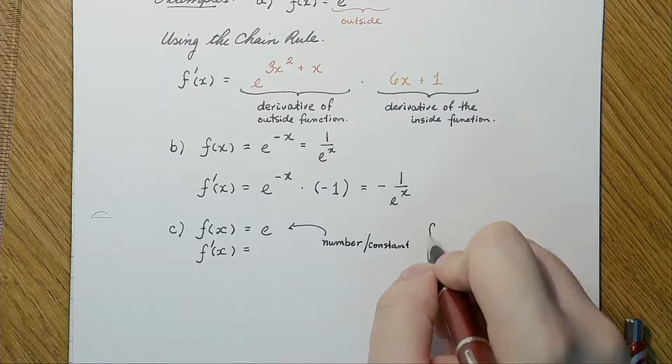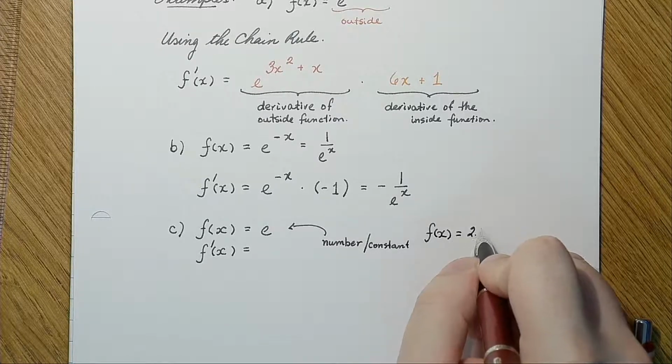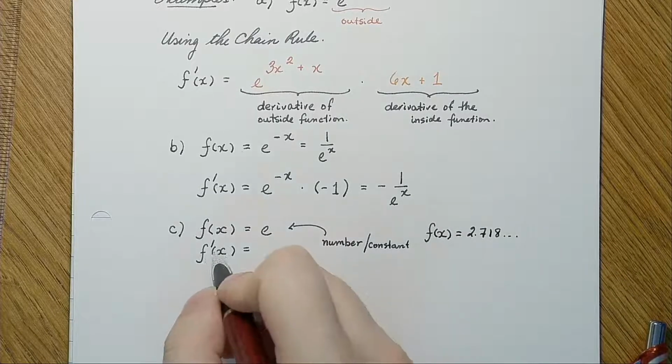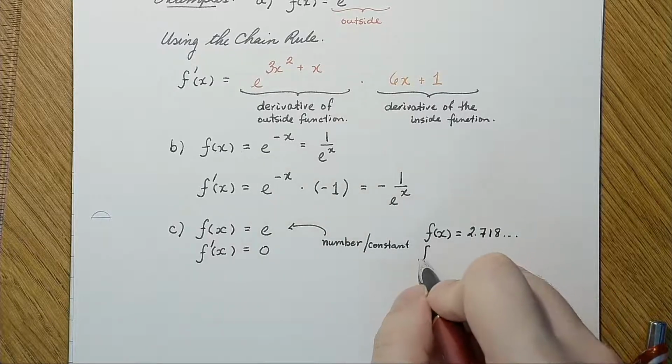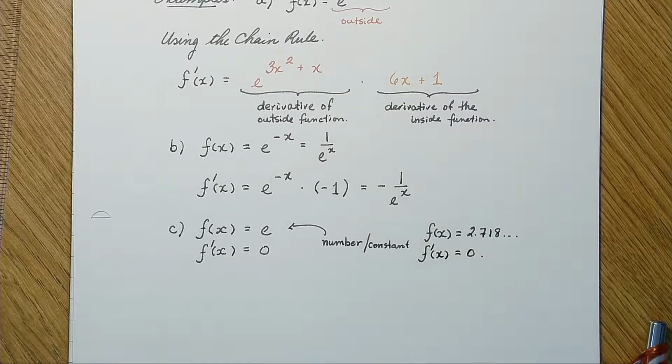And if it helps, it's just the same as me writing 2.718... So then what is the derivative of this? This is 0. What's the derivative of a number or just a constant? It's still just 0.